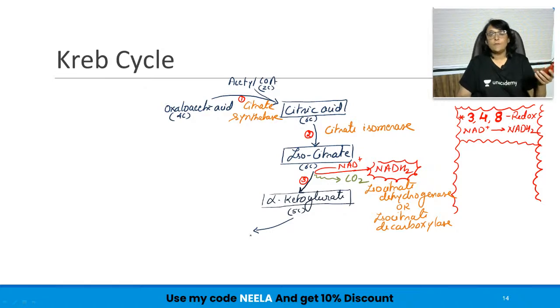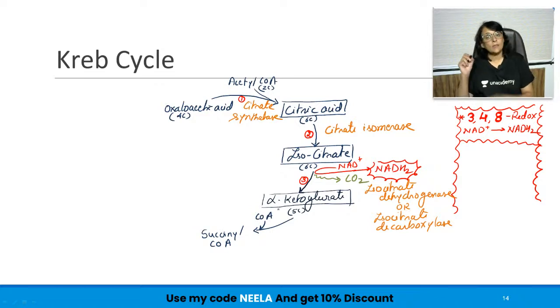Alright, now alpha ketoglutarate, which is a 5 carbon compound, is going to change into succinyl coenzyme A. And from where is this coenzyme A coming? Coenzyme A is added into this. It is present in the matrix of mitochondria.